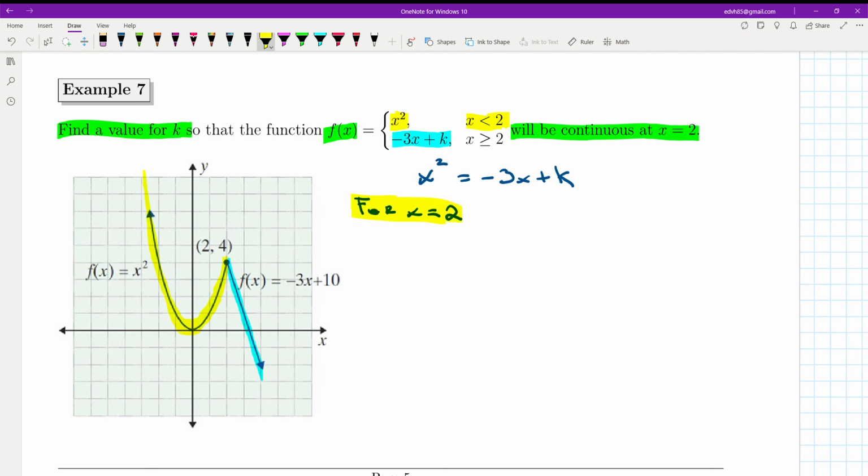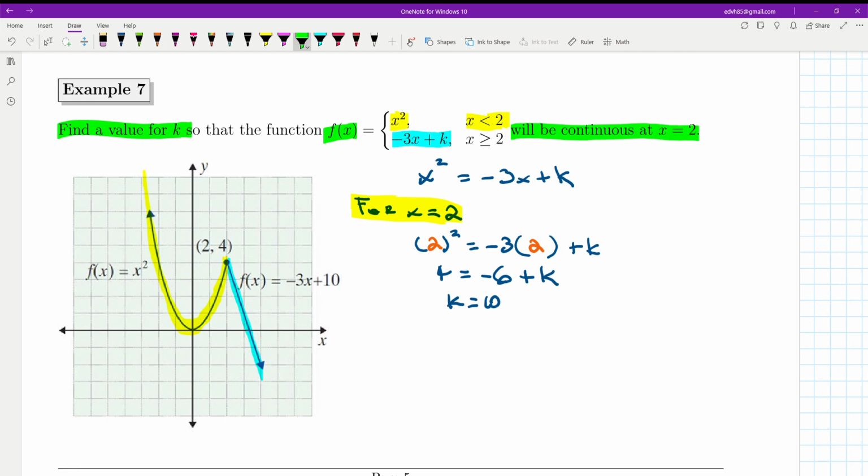So plug in 2 wherever you see the letter x. That's going to be 4 equals negative 6 plus k, and solving for k, k equals 10.